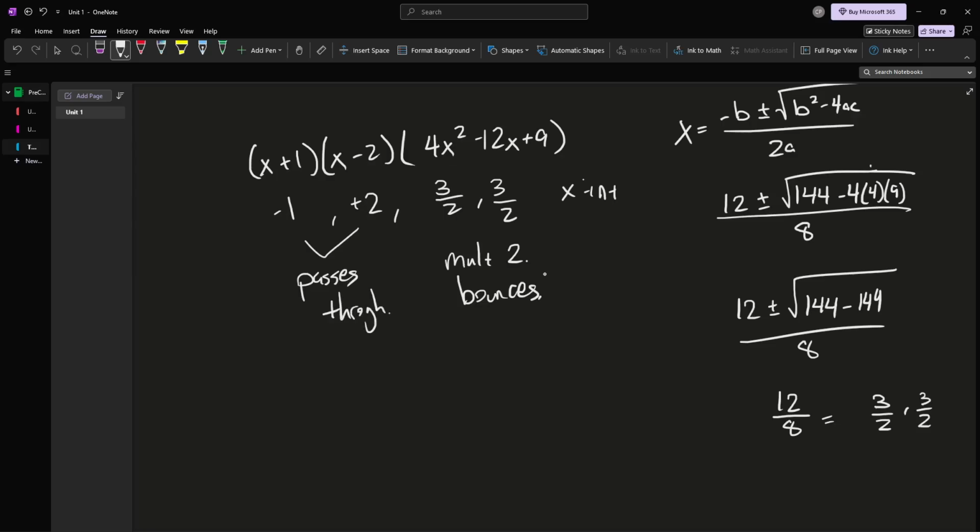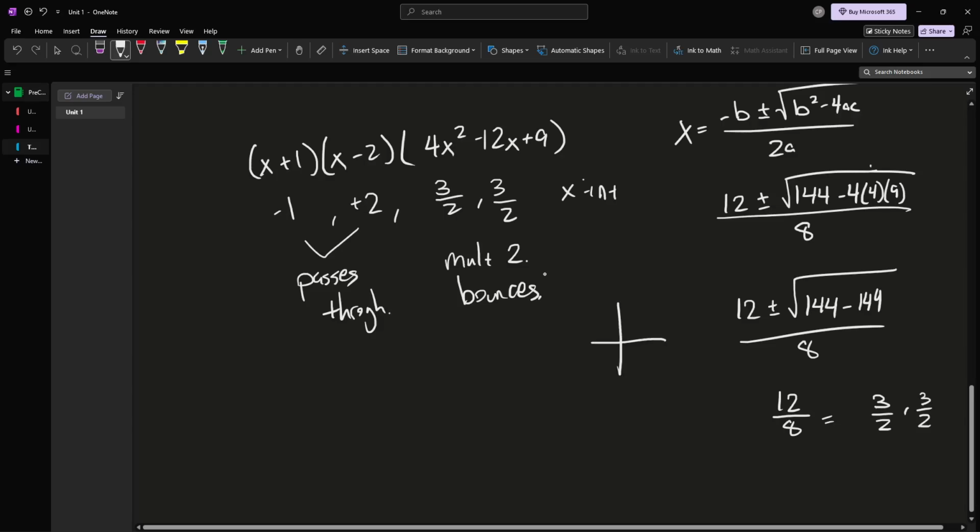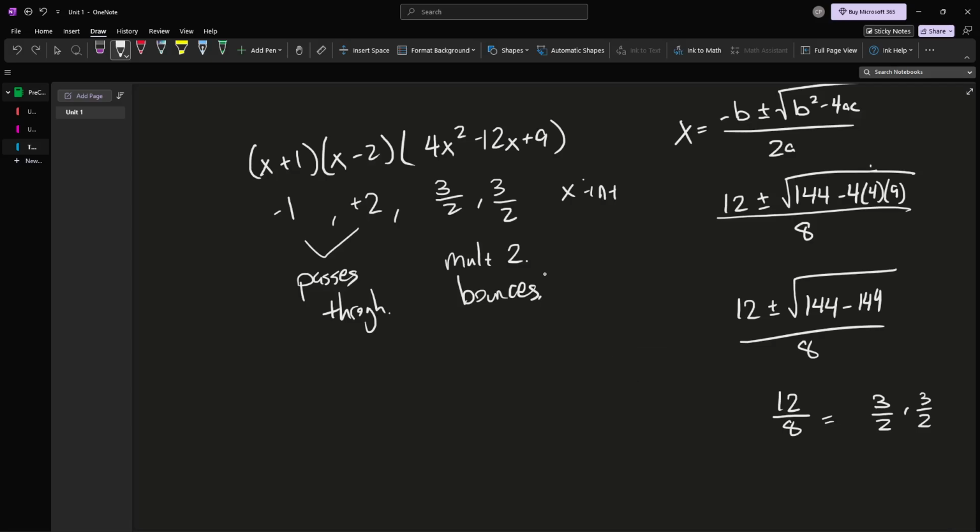And with multiplicity 2, it bounces. A bounce is like the graph of x squared. X squared touches the graph at 0, 0, and just bounces up. Whereas the graph of f of x equals x just passes straight through. So that is what we mean by it bouncing.